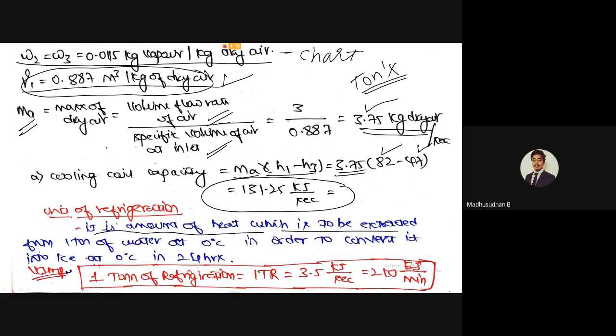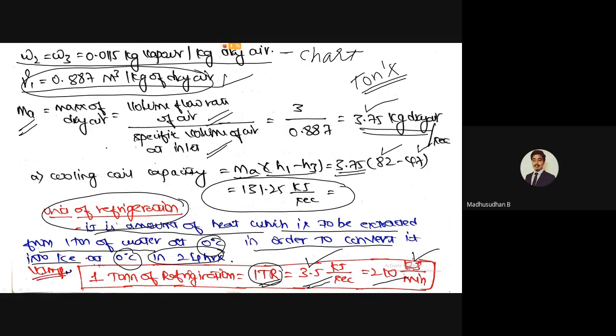It is the amount of heat to be extracted from 1 ton of water at 0 degrees Celsius in order to convert it into ice at 0 degrees Celsius in 24 hours. 1 ton of refrigeration is always equal to 3.5 kilojoules per second, and 210 kilojoules per minute. You have to remember these values. However you want, you can use this particular value.